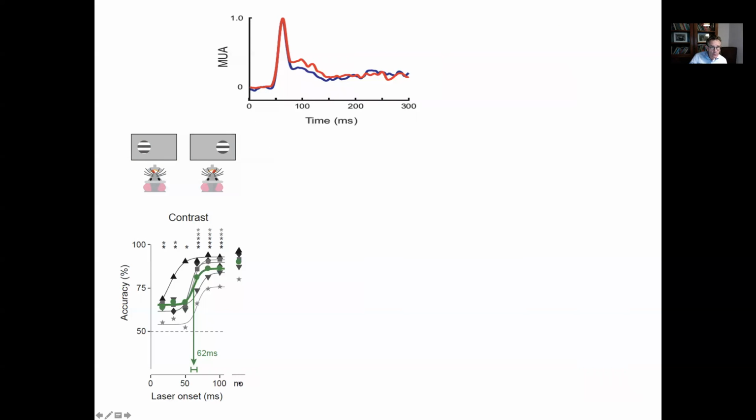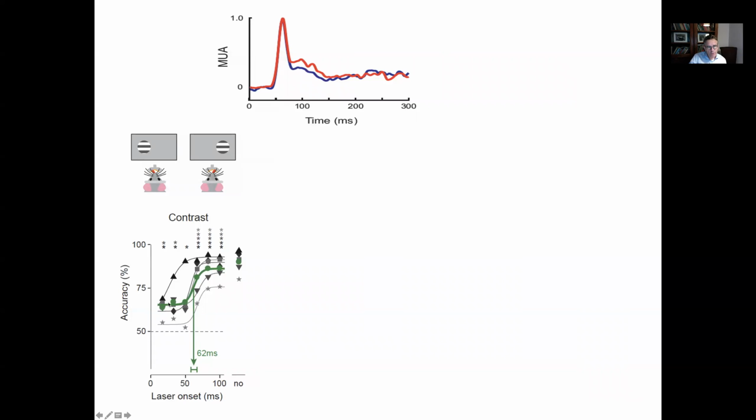If we don't switch on the light, the animals have an accuracy of about 80%. If you knock out the entire visual response, they drop to a level of about 60 to 65%, not to chance level, as if V1 is not completely necessary to do this task. Maybe there are also routes through the superior colliculus. Okay, but the accuracy drops.